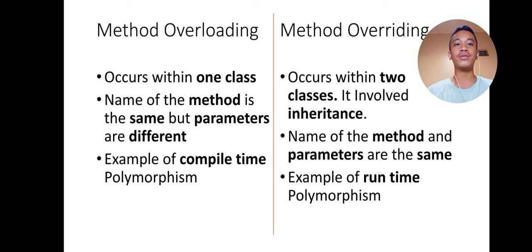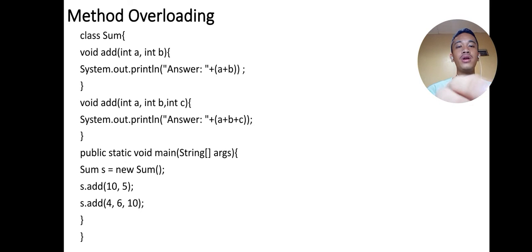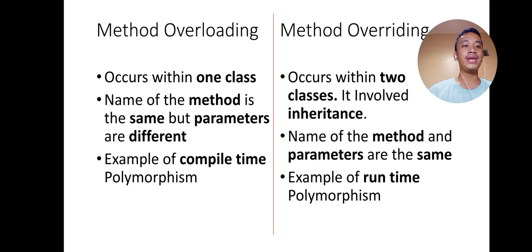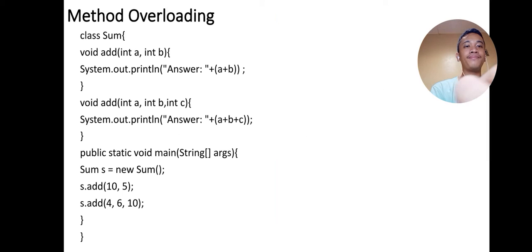When we say method overloading, the name of the method is the same but the parameters are different. As I have said before, methods have the same name but different parameters. And for method overriding, the name of the method and parameters are the same.